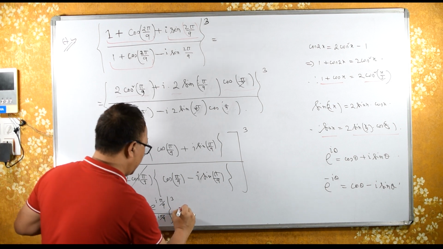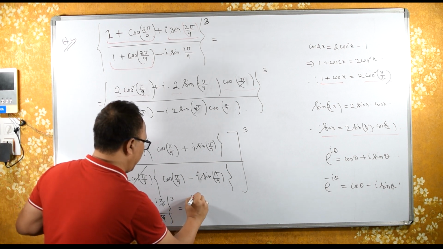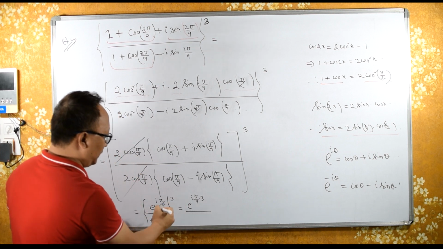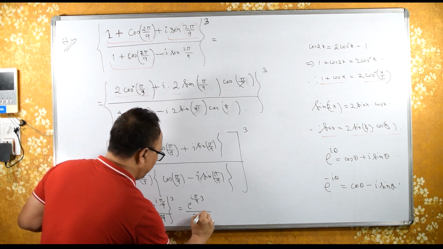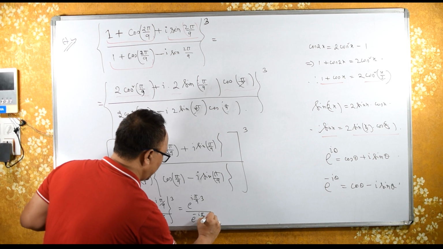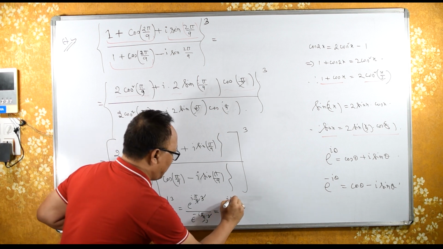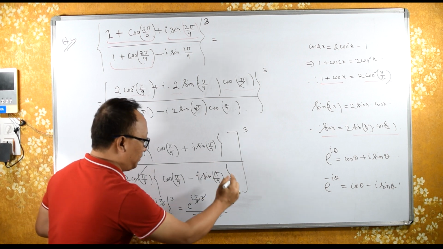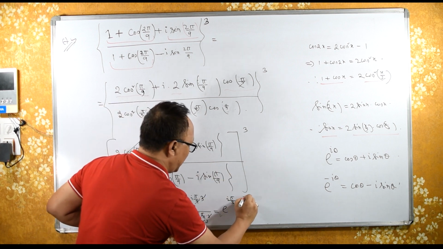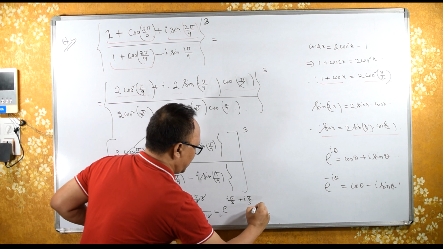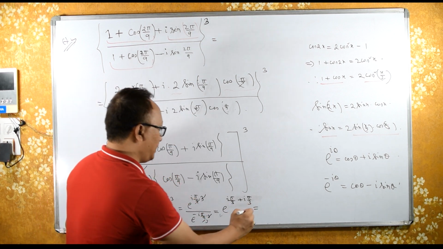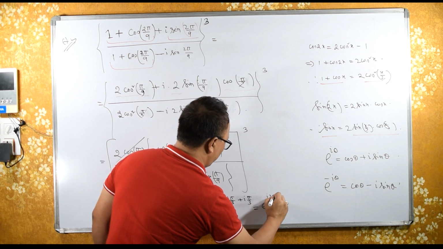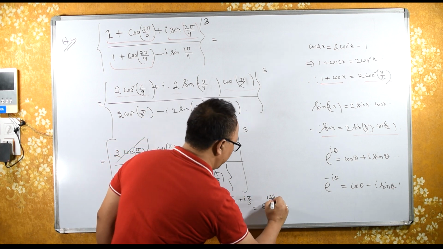Therefore, this is the same as e raised to i pi by 9 cubed, and separating e raised to minus i pi by 9 into 3, we get e raised to i pi by 3. Bringing this up, the minus becomes plus, i pi by 3. Therefore, this is the same as e raised to i 2 pi by 3.